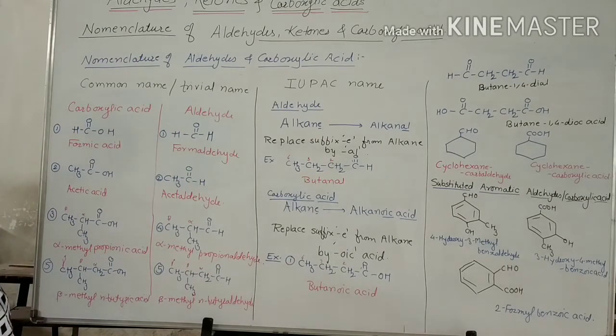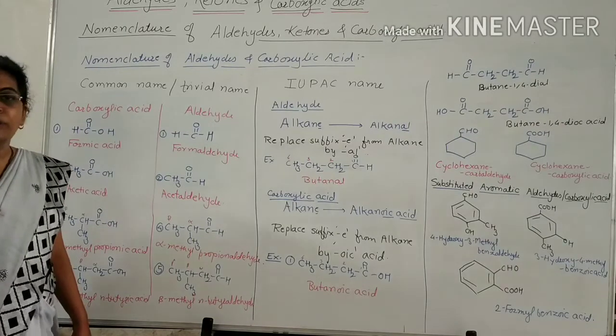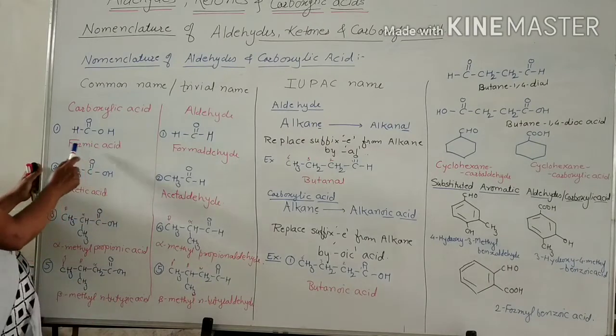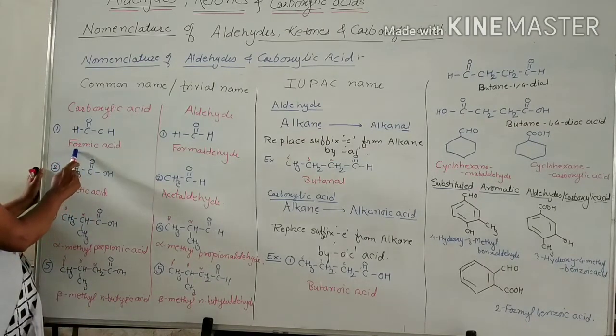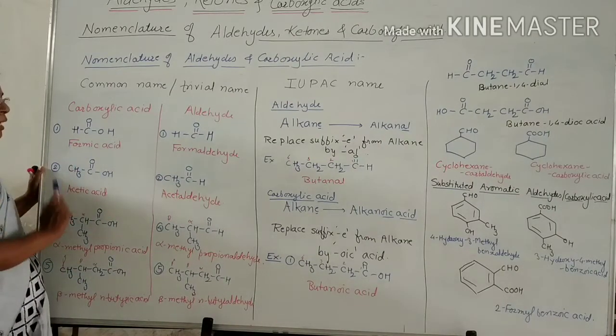According to this system, the carboxylic acids are named from the sources from which they are obtained. For example, first carboxylic acid is formic acid. This formic acid is present in ant. In Latin, it is named as L-formica and therefore name is given formic acid.